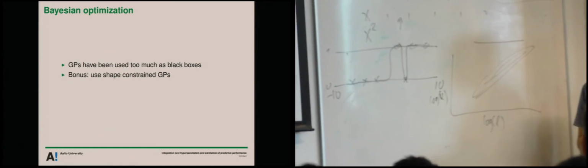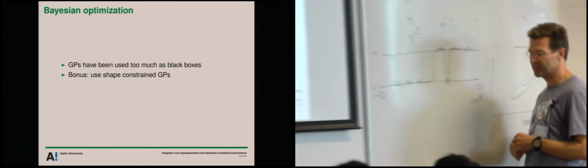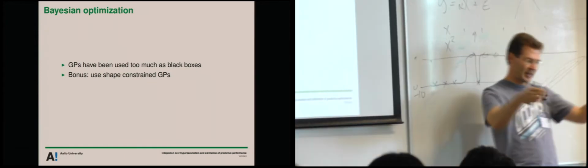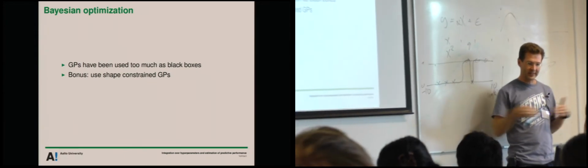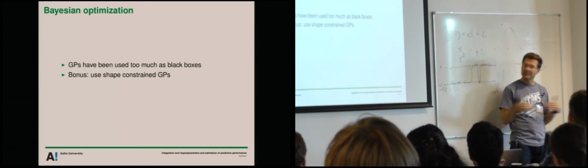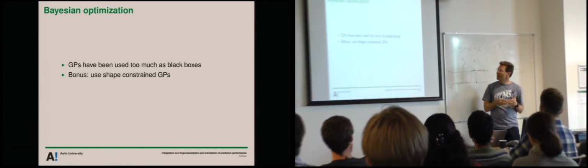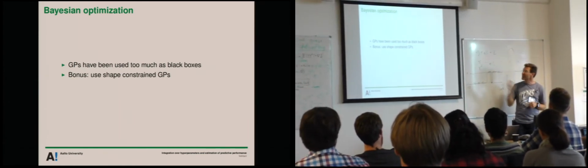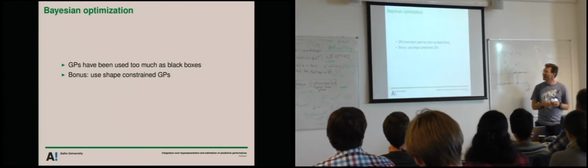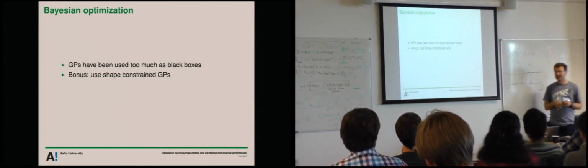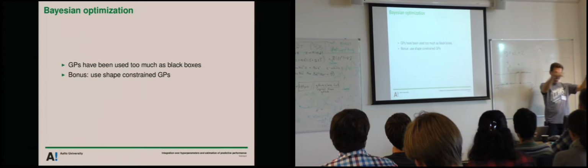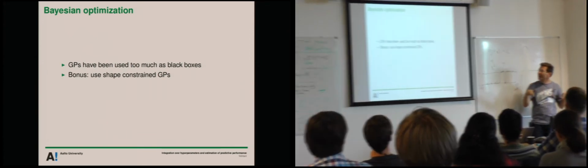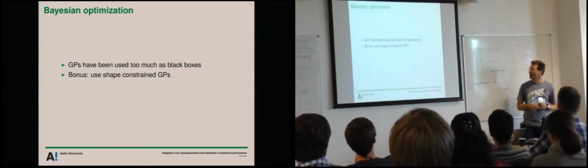So in some cases an expert can say that the minimum is inside this box, but it's not on the edge. And then we can add additional information. Without this additional information, it's quite likely that in Bayesian optimization we do a lot of evaluations on the edges because the variance is high there.